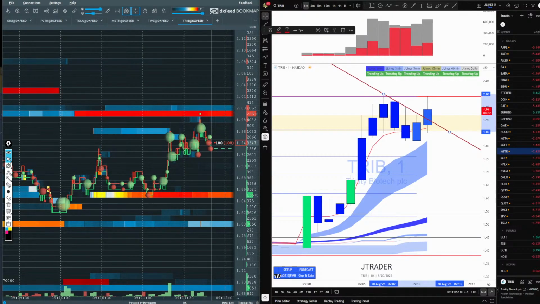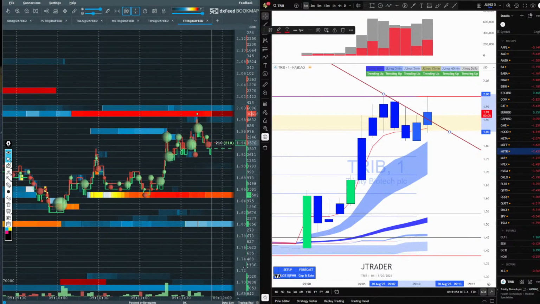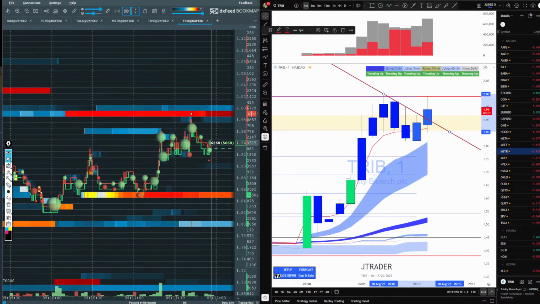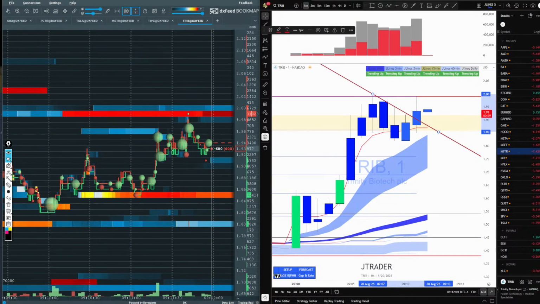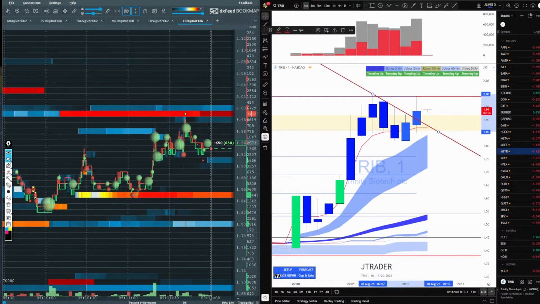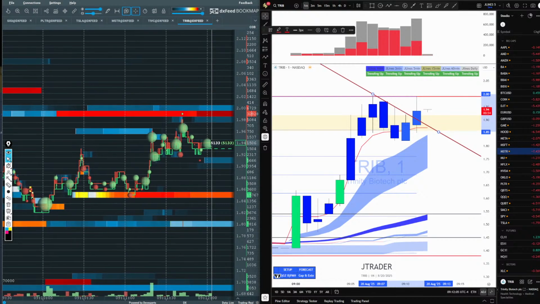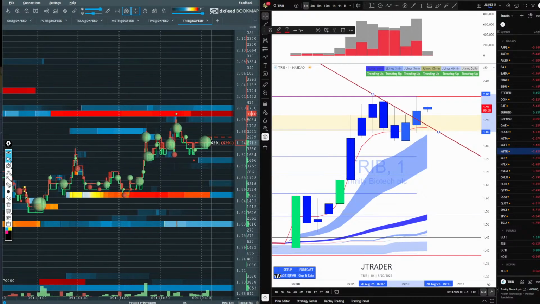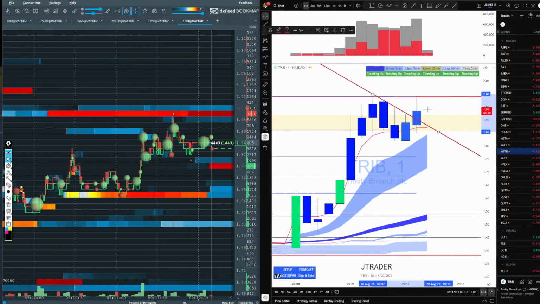So we have this trend line break. There's a big heat map over here. You can see at 199 is not really moving. So let's see if we have a follow through to the upside. Still buyers 194, 195, sorry.